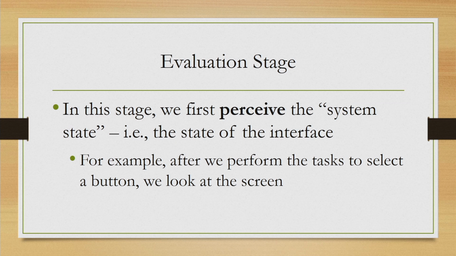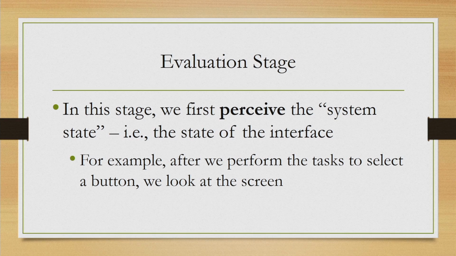Next comes the evaluation stage. In this stage, we have 3 actions. Now, let us take up these actions one by one. So, what is the first action? That we first perceive the system state. So, in the evaluation stage, the first action is perception, perceive the system state or the state of the interface.